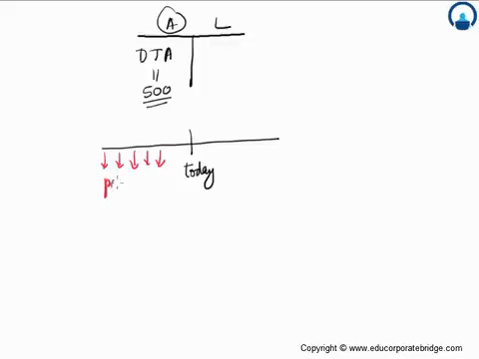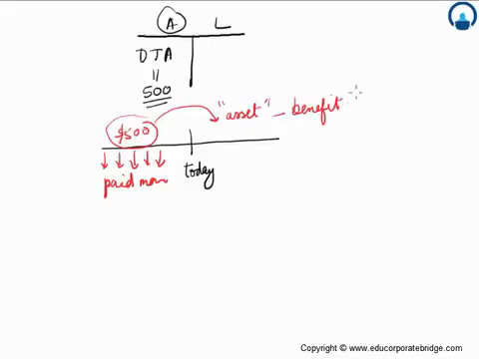We have paid more, to an extent of $500, prior to today, and that is why this will be an asset which will help me recover the benefits of higher taxes which I had paid earlier.